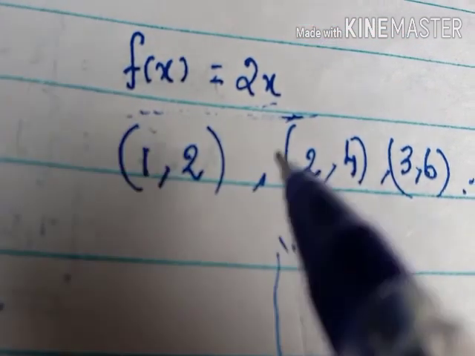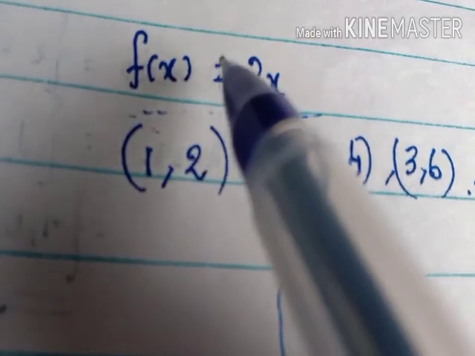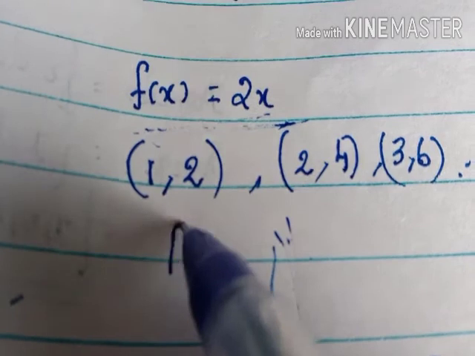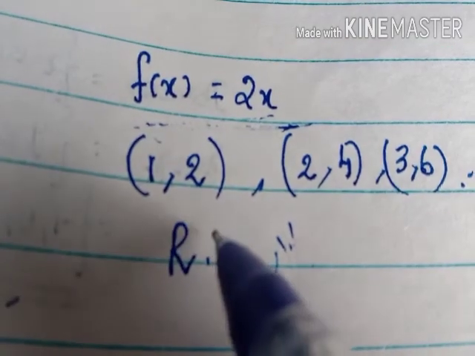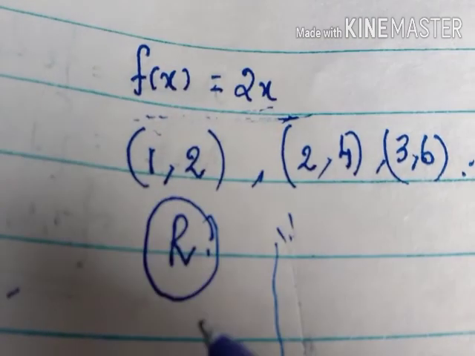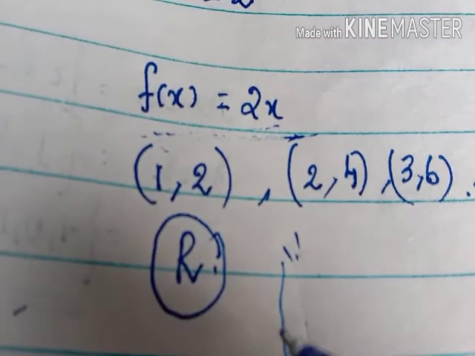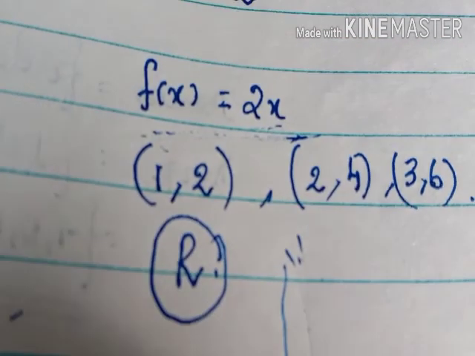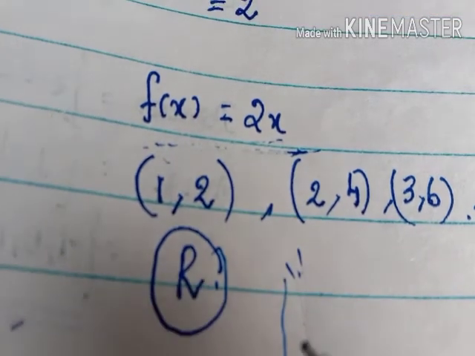In this case, what is the domain? The domain of a polynomial function is the set of all real numbers, because we can select any real number as the x values. So nothing special about polynomial functions.